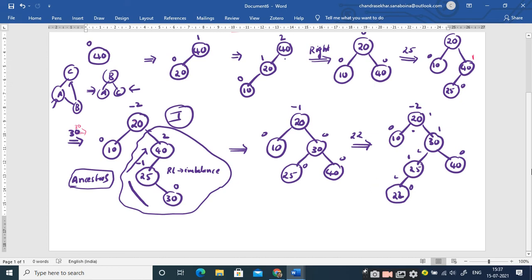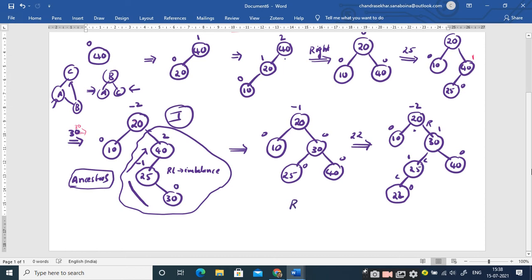So you always think of the imbalances from the node where the imbalance has happened. Where has that imbalance happened? At what node? 20, sir. 20. Therefore, from this 20, if you go on like this, it is right, left, left.